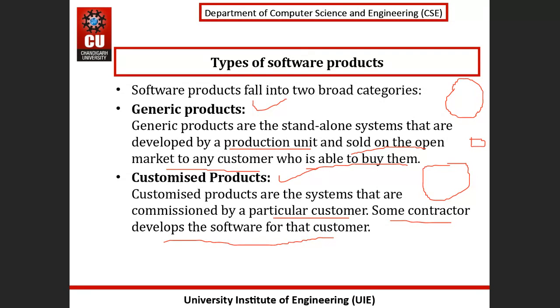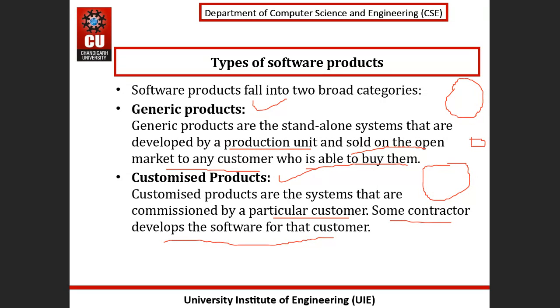So this is a software product, for example, and suppose there is a team or an organization which is developing this kind of software. So our university contacts those people, contacts that organization and tells them what the requirements of our system are.